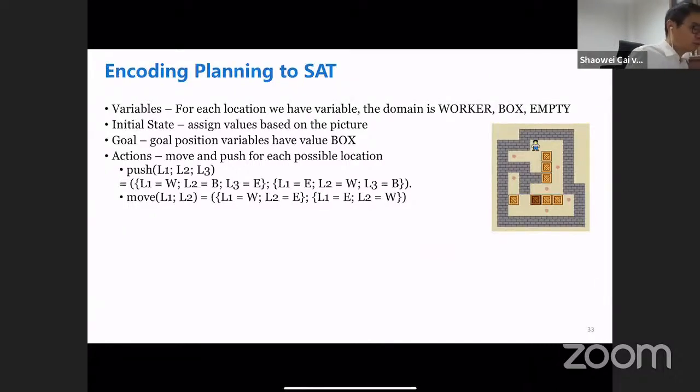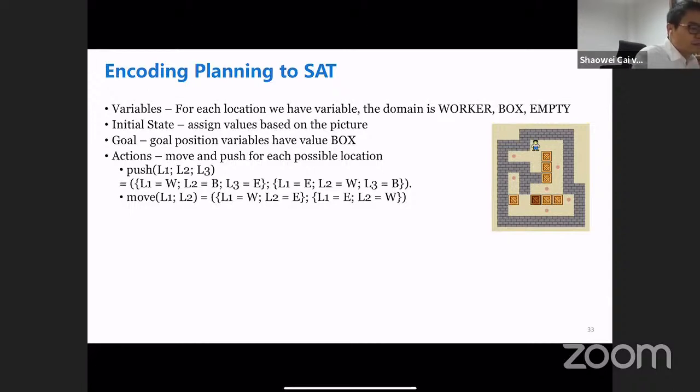Previously we introduced some examples of encoding problems to SAT, but all of the examples are combinatorial. They do not involve time. Now we see another example, a sequential one, the AI planning example, which involves time during the game.